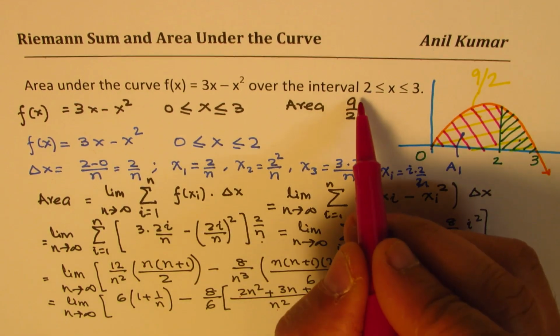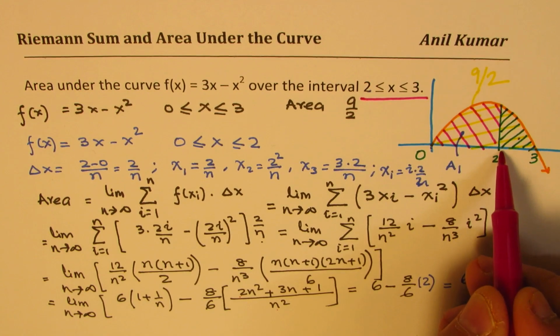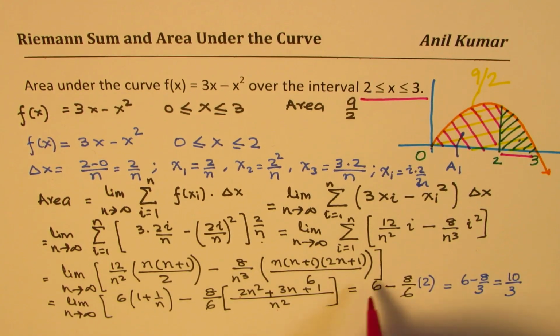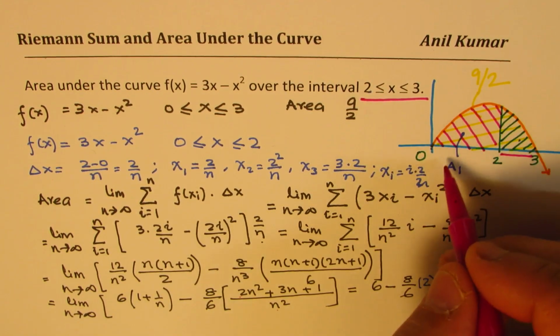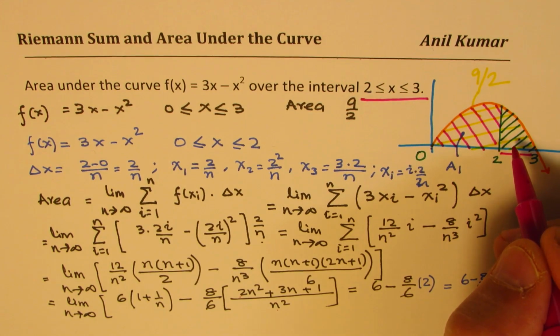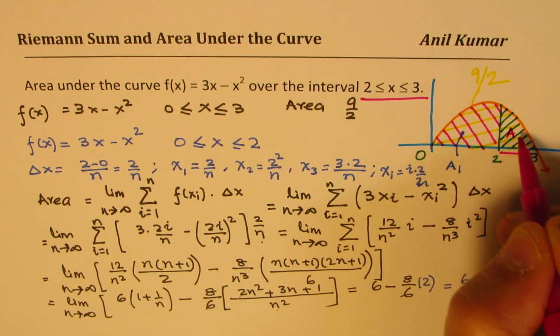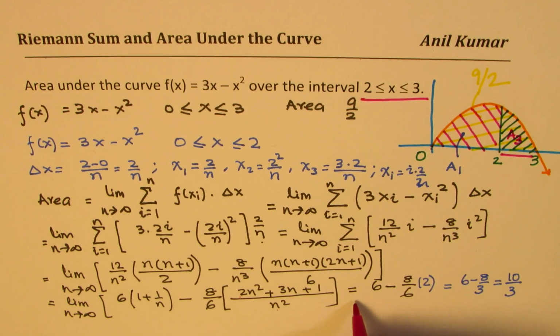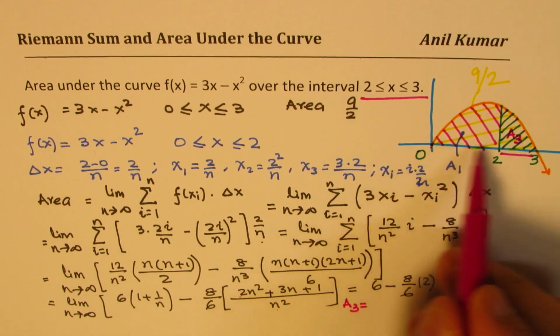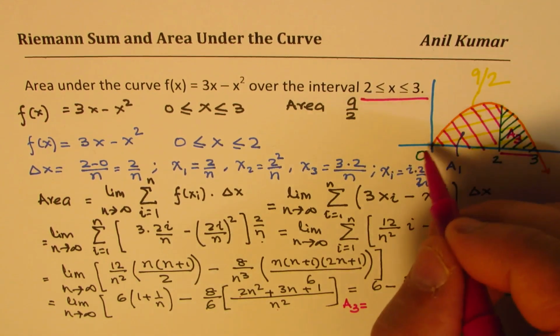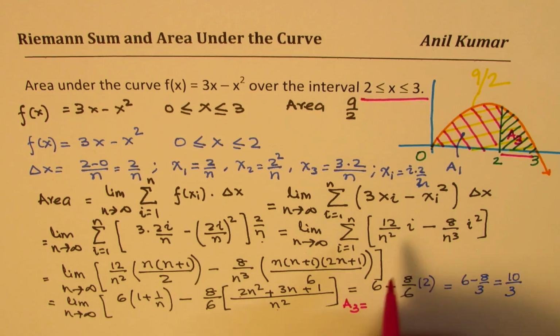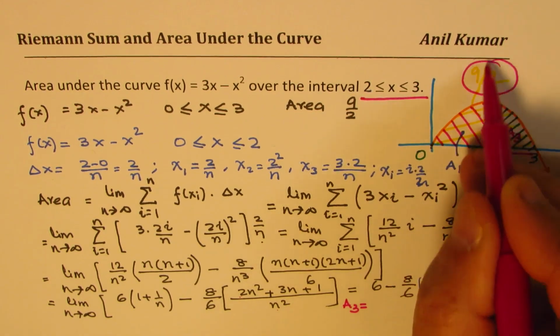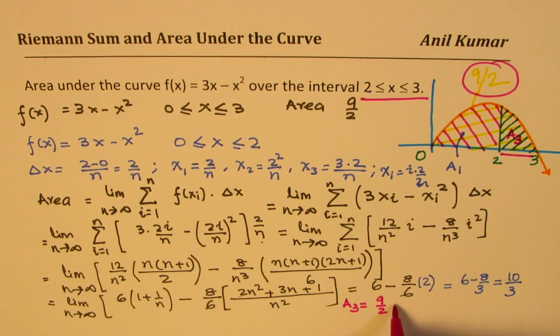Now let me see what is the area between 2 to 3. What is the area here? So let's call this as A1, and we are calling that area as A3. So the area A3 will be equal to the earlier area, which was 9 over 2, minus what we found, which is 10 over 3.